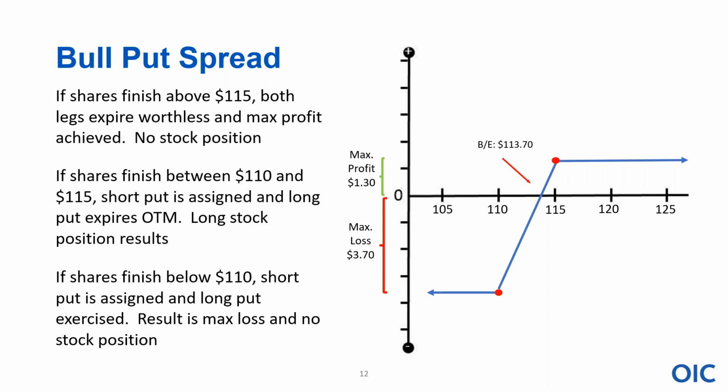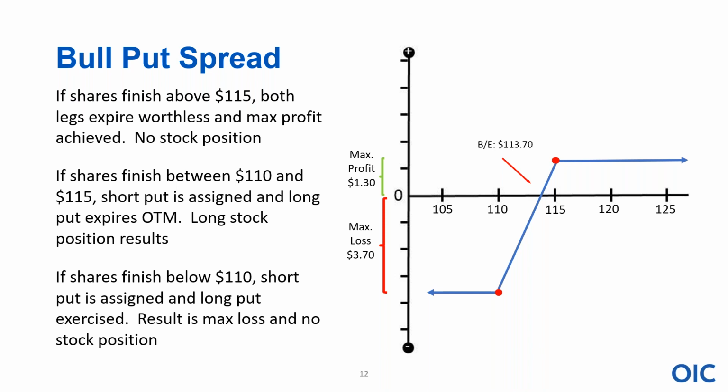Now on this side, and we'll contrast this when we walk through the credit spread on the call side, if the stock is in between the strikes, remember what I said earlier, when it's in between the strikes and the potential resulting position is long stock, it's very different from an investor's perspective than the resulting position being short stock.